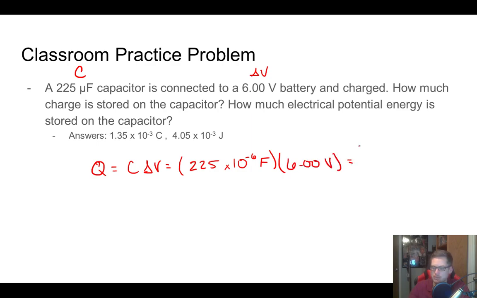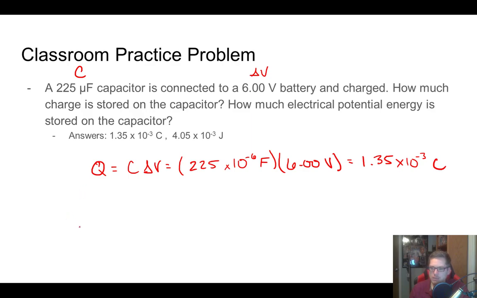So we say 225 times 10 to the minus 6 times 6, and with 3 sig figs we get 1.35 times 10 to the minus 3. That's Q, charge, so the unit is coulombs.